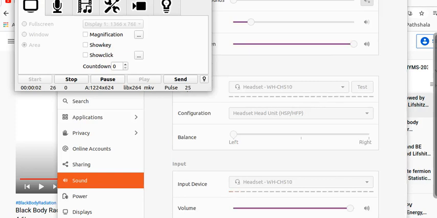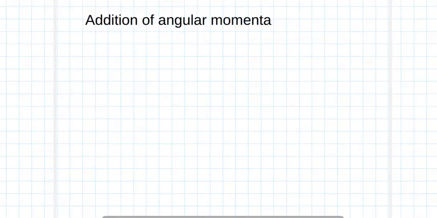Welcome to this lecture. In the earlier lecture, I talked about angular momentum. Now, in this lecture, I will talk about addition of angular momentum.